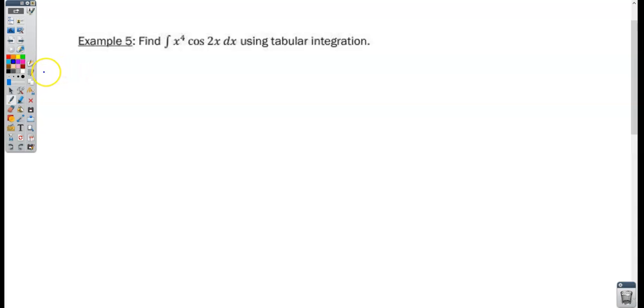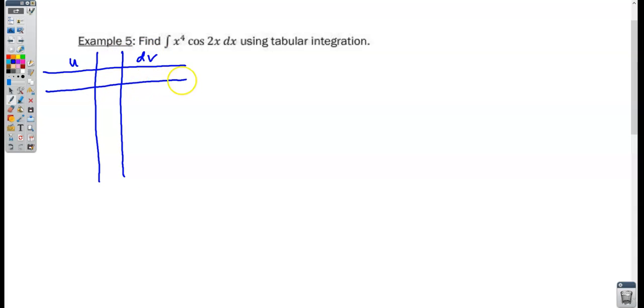First thing I'm going to do is, again, set up my table. Got my u's and my dv's. I start with my original u. And there's my dv. Here we go, alternating signs.